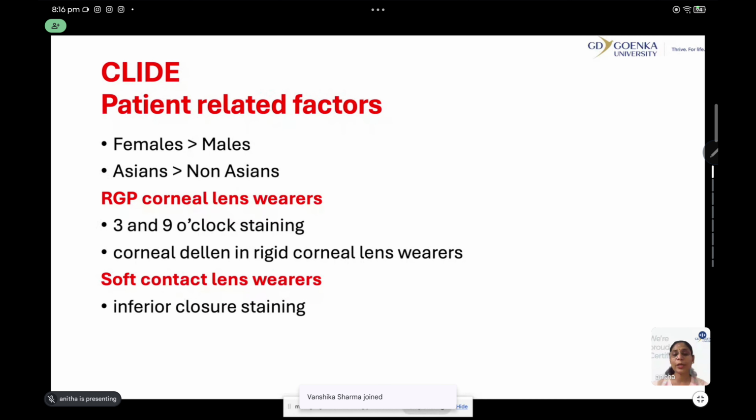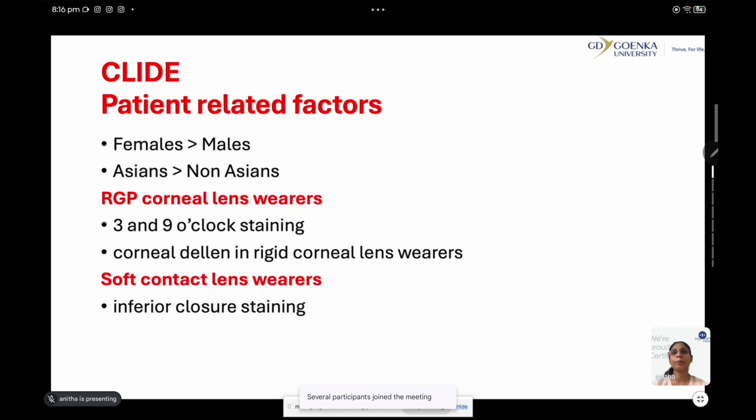Rigid contact lens wearers, especially people who already have a complication like 3 and 9 o'clock staining or corneal dellen noticed in rigid lens wearers, are at increased risk of developing CLDE. I did mention that soft contact lens wearers predominantly have a risk of developing dry eye. That doesn't mean that rigid contact lens wearers do not develop CLDE.